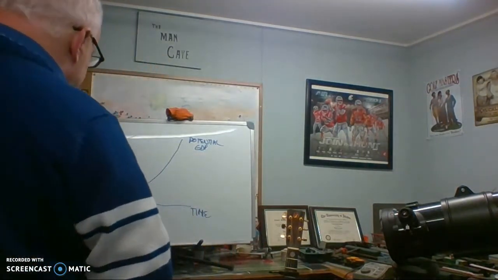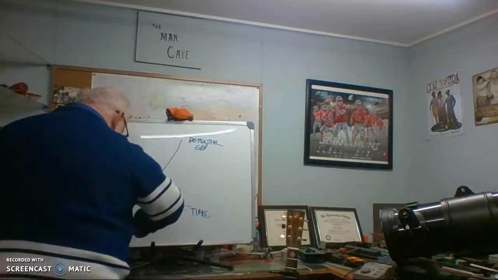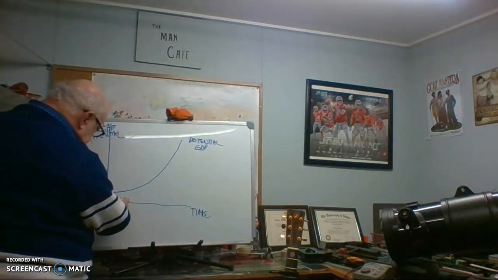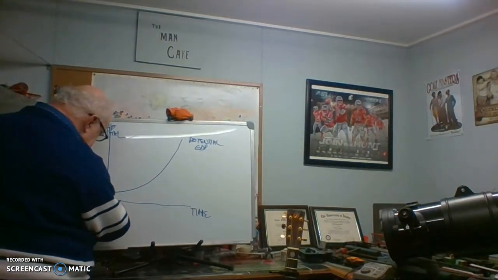Now, what about when we take a look at the actual GDP numbers over time? Well, we see kind of an interesting phenomenon here. Let's say that is 1920. We'll start her out there.